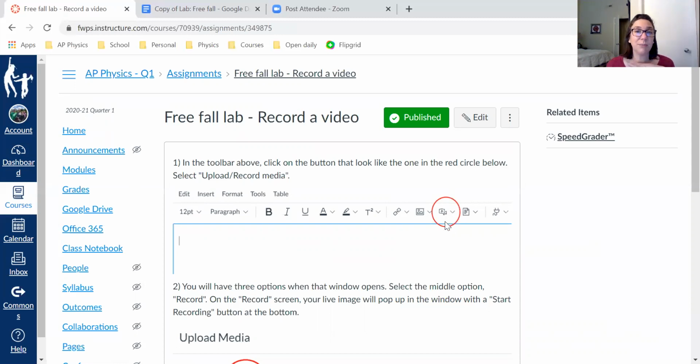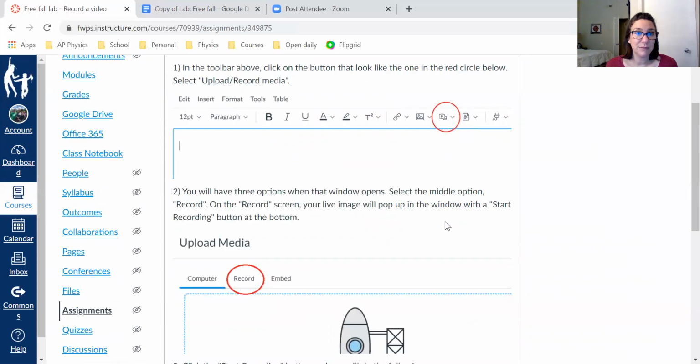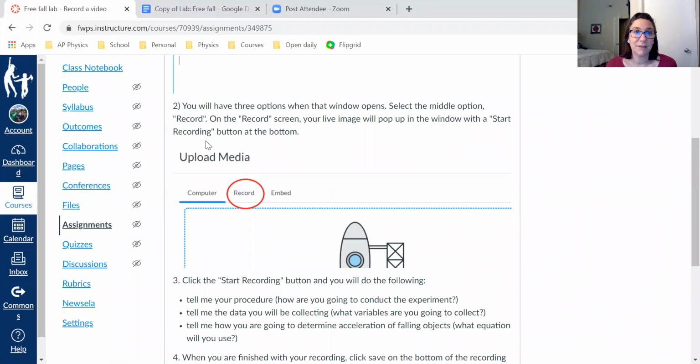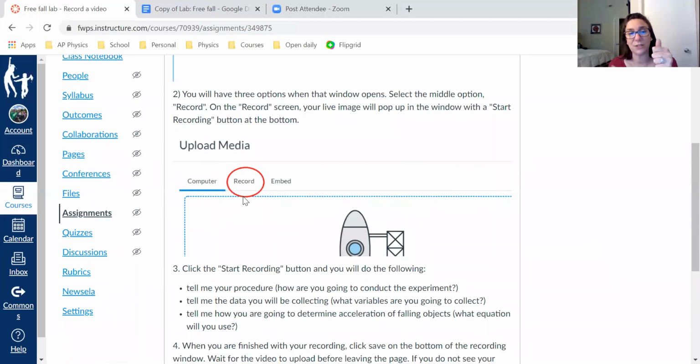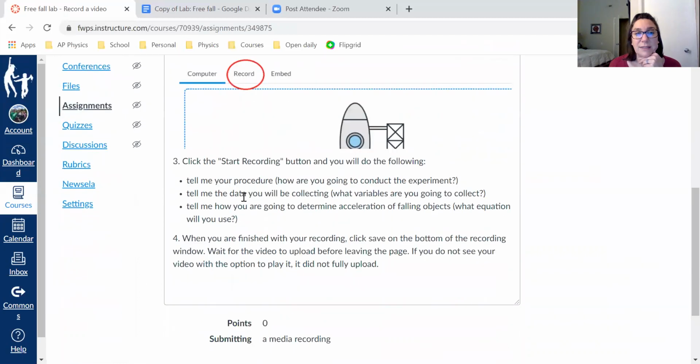And this is your upload media. So you can upload or you can record your own video. It should look something like this. If you had a video on your computer, you can upload it. If you want to record your own video, we're going to do that today, for uploading your procedure. And it tells you how to do it.